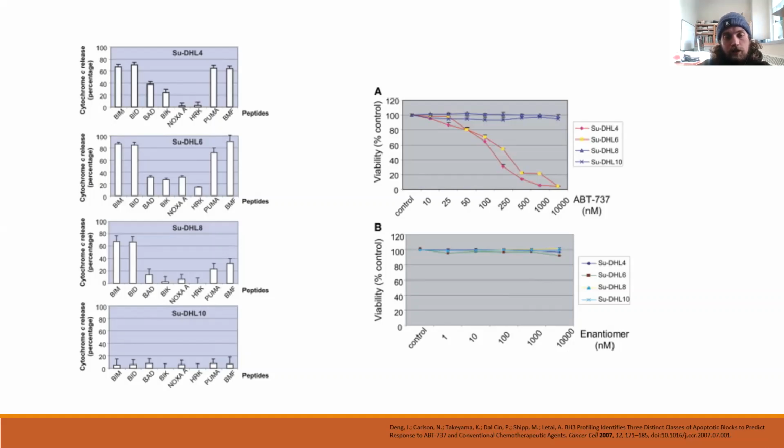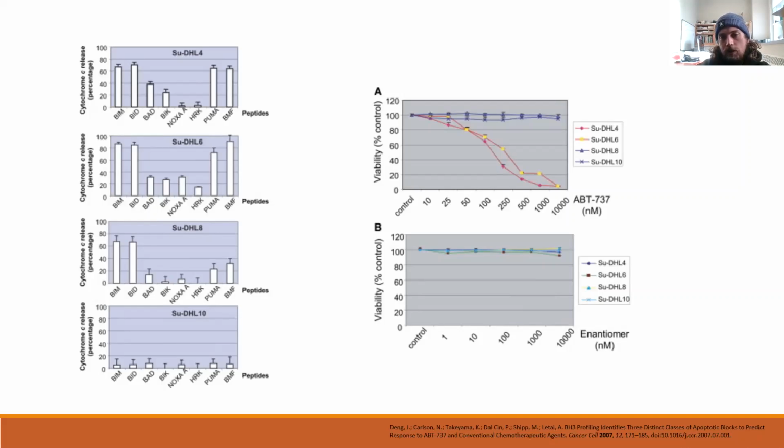So we would predict that exposing them to an anti-apoptotic inhibitor would mean that CDHL8 and 10 would not respond well because they're not responding to PUMA, which should inhibit the same protein. Whereas CDHL4 and 6 do respond, so we would assume that inhibiting some of these anti-apoptotic proteins should lead to cell death.